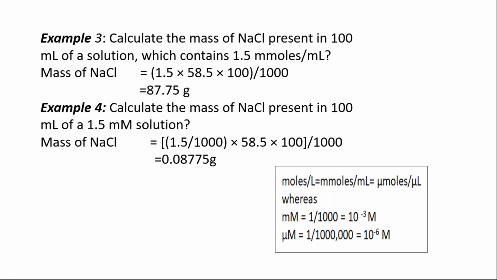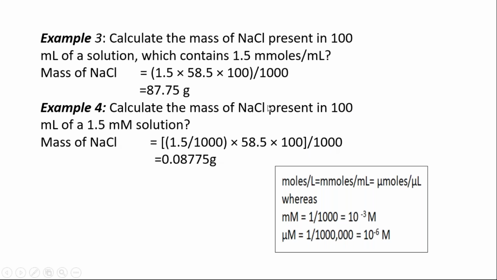Another one, calculate the mass of sodium chloride present in 100 milliliters of a 1.5 millimolar solution. The reason I have given you this is to show you that 1.5 millimoles per milliliter is 1.5 molar, and this is different from 1.5 millimolar. So here you have the millimolar, 1.5 divided by 1000. So this is the molarity. This is the molar mass, 58.5. The volume is 100, and you divide by 1000.